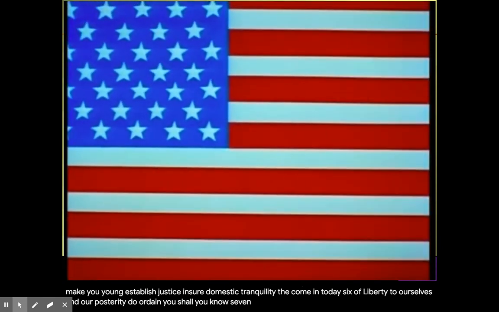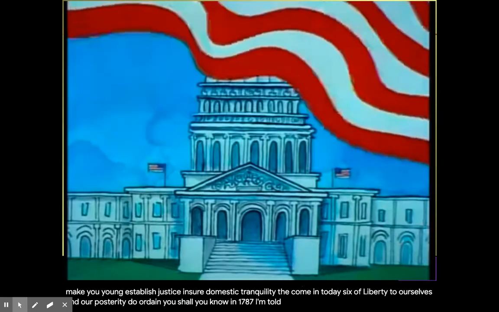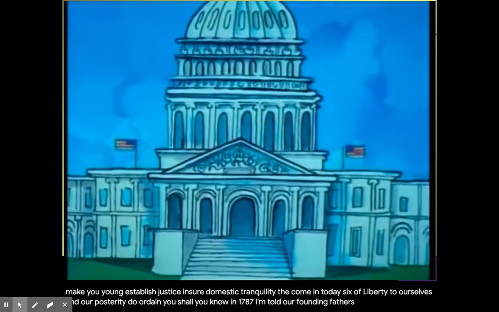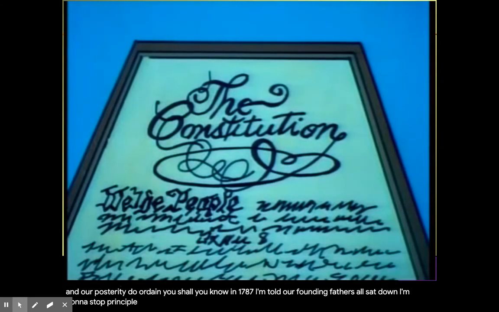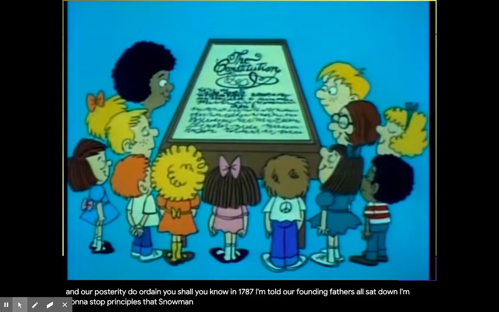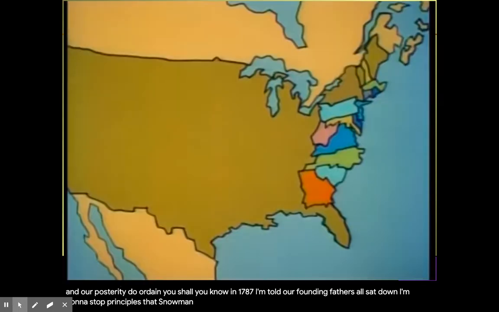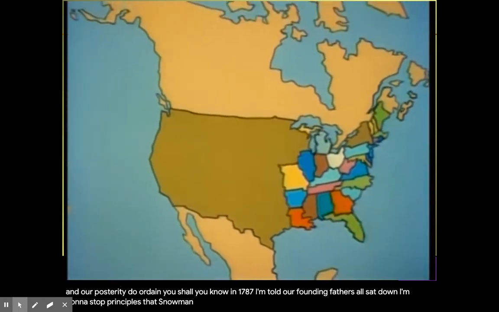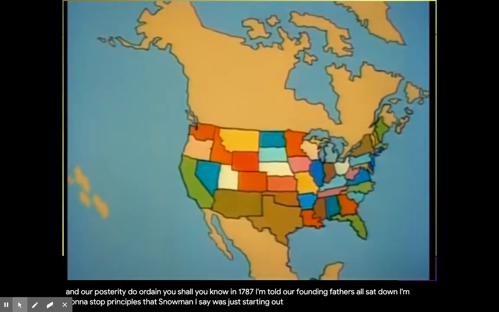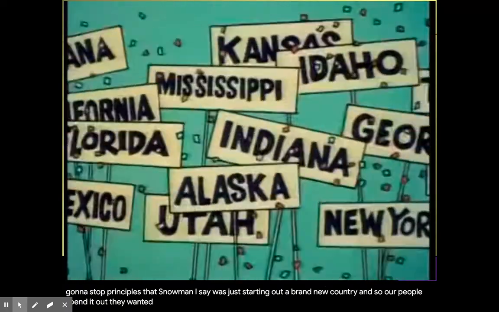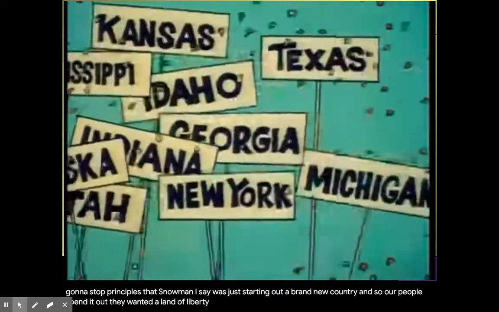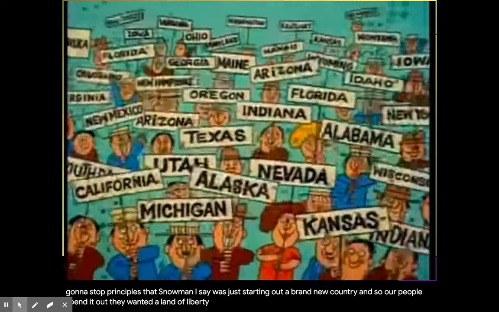In 1787, I'm told our founding fathers all sat down and wrote a list of principles that's known the world around. The USA was just starting out, a whole brand new country. And so our people spelled it out. They wanted a land of liberty. And the preamble goes like this.